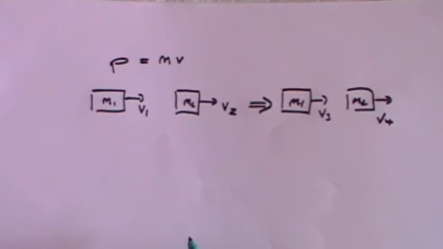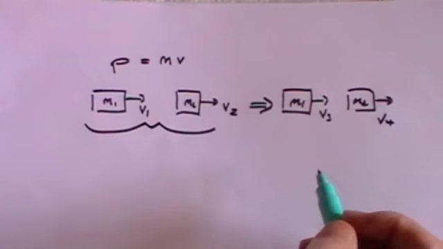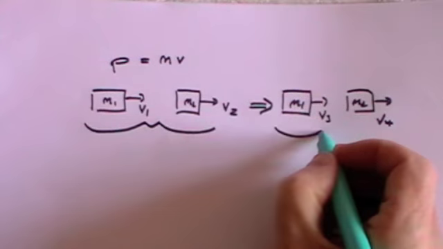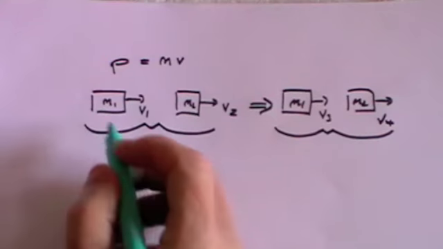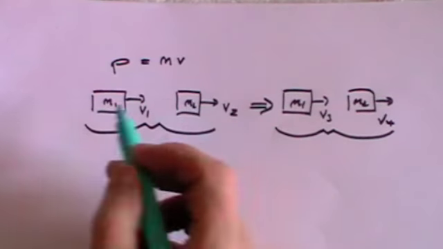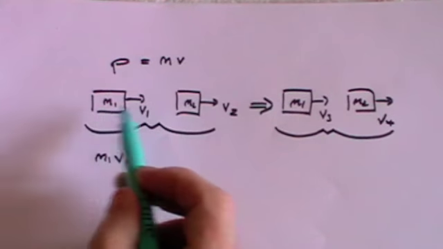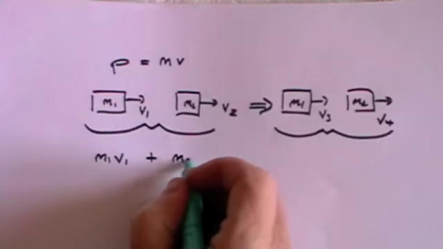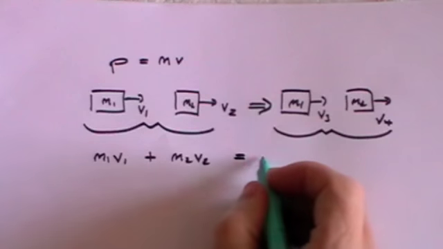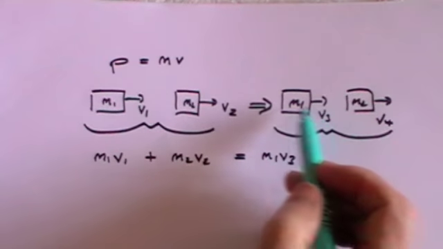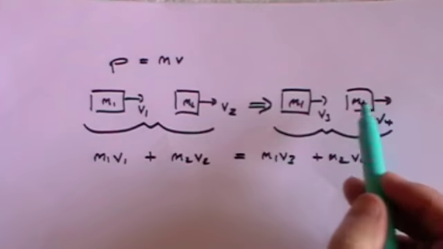Then what you can say is that momentum is conserved, and that means that the total momentum before the collision will equal the total momentum after the collision. And the total momentum obviously is the mass times the velocity of each of the boxes, so it's m1 v1 is the momentum here, plus m2 v2 is the momentum here, and that is going to equal m1 v3, which is the momentum here, plus m2 v4, which is the momentum here.